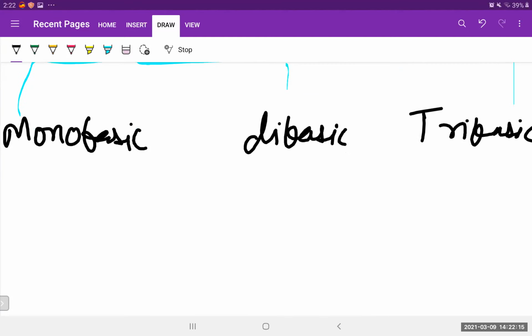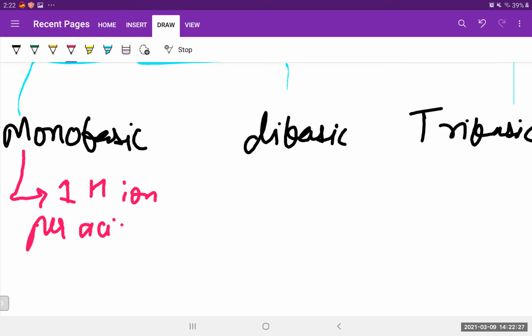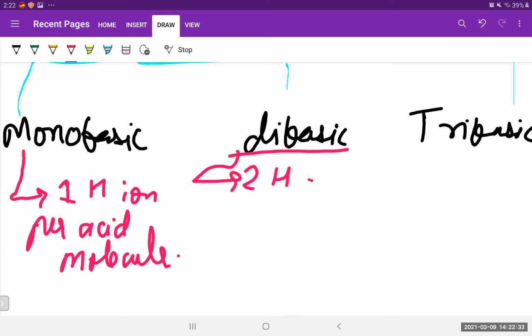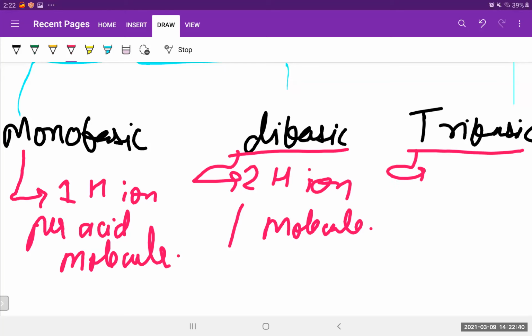First, monobasic means it's having one hydrogen ion per acid molecule. Dibasic has two hydrogen ions per molecule, and tribasic has three hydrogens.